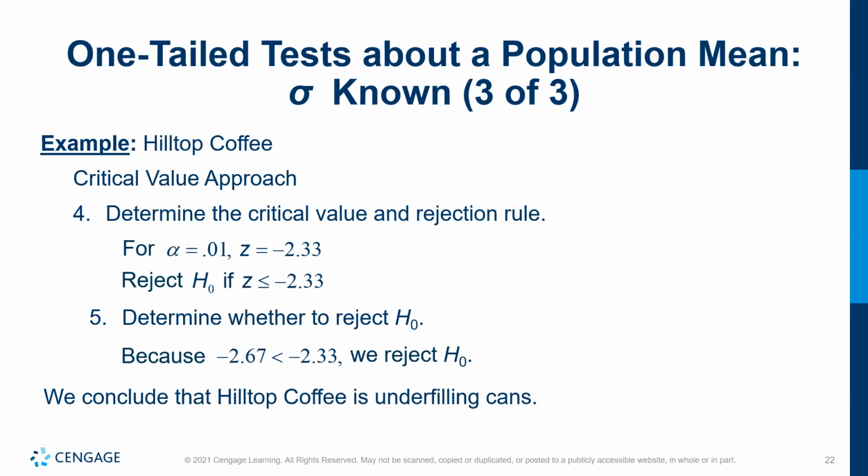To use the critical value approach instead, we would determine a critical value by taking the alpha of 0.01 and finding a z-score of that, negative 2.33.